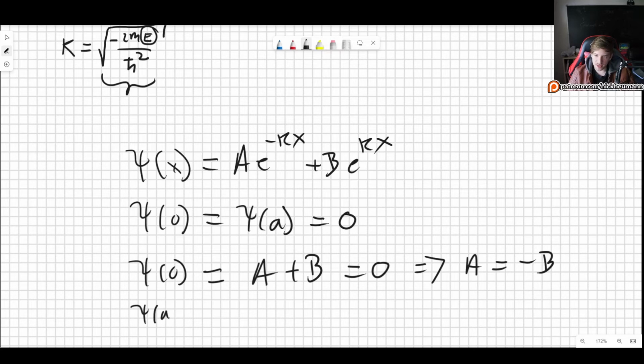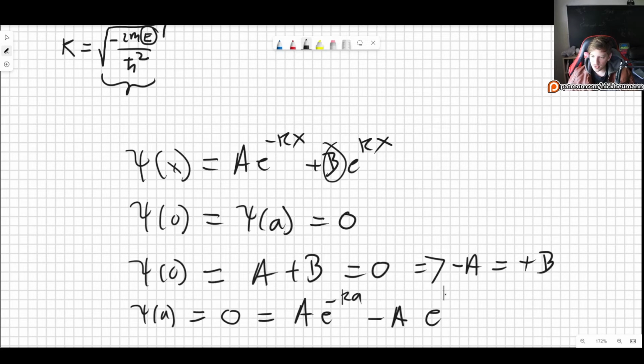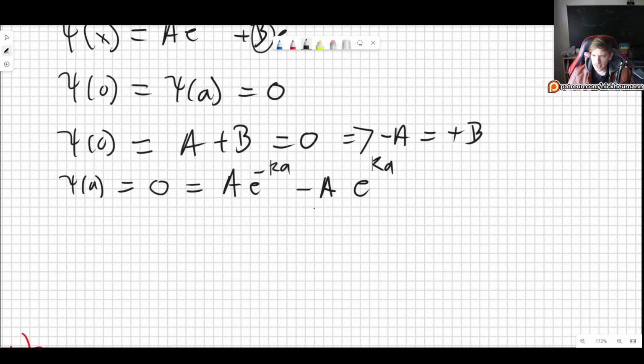Then at psi of a, for this to be equal to 0, right, let's plug it in, we get a e to the minus ka, and then we have minus a, applying that b is minus a, e to the ka, okay, and this has to be equal to 0, so that means that a e to the minus ka has to be equal to a e to the ka.